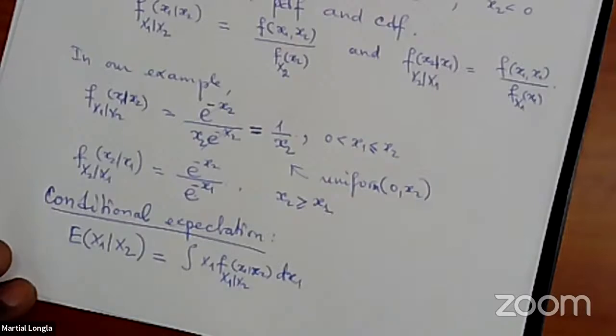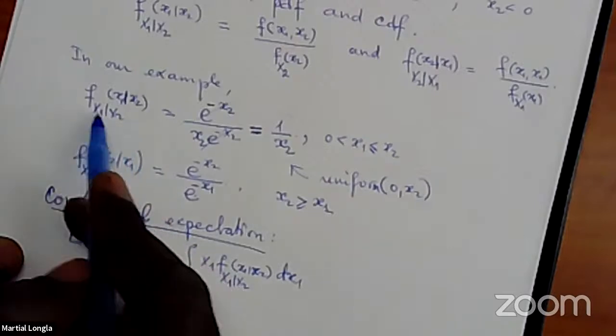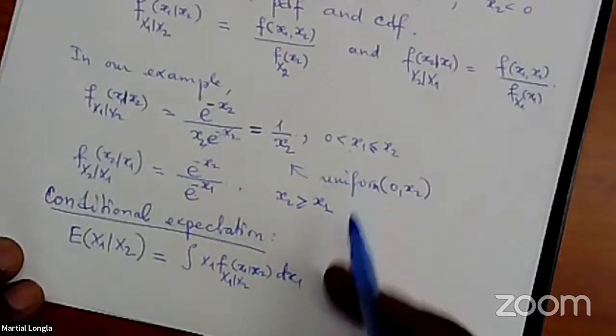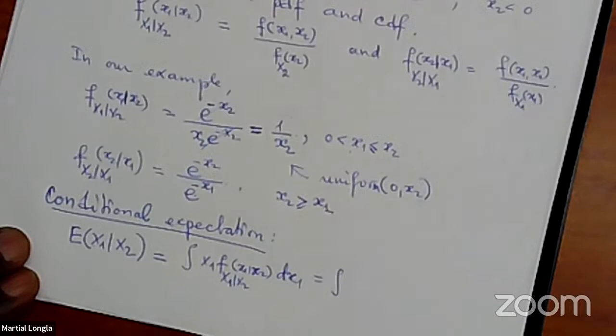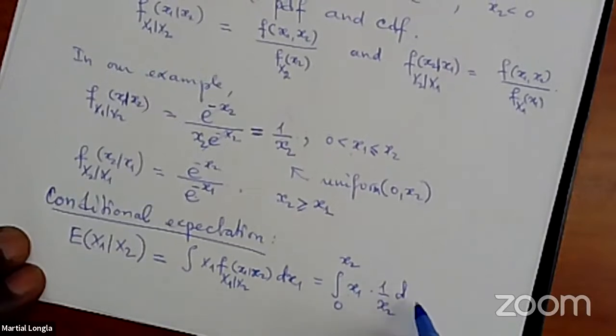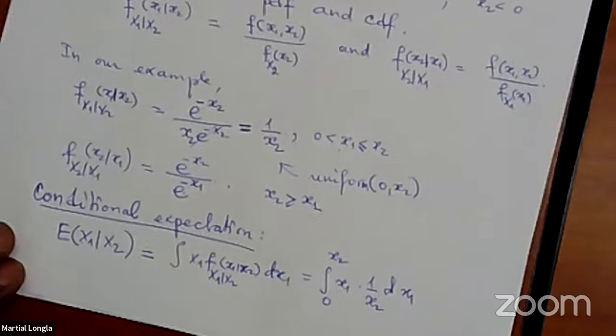And we know that x1 is between 0 and x2. So that's going to be x1 times 1 over x2 d x1.